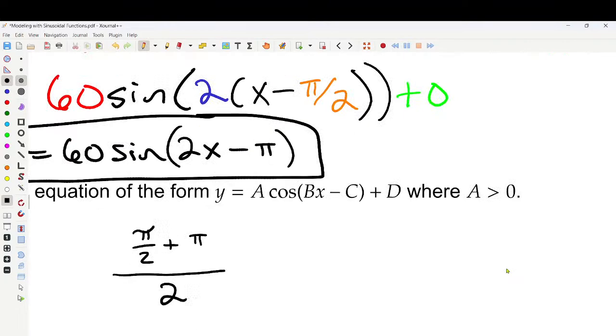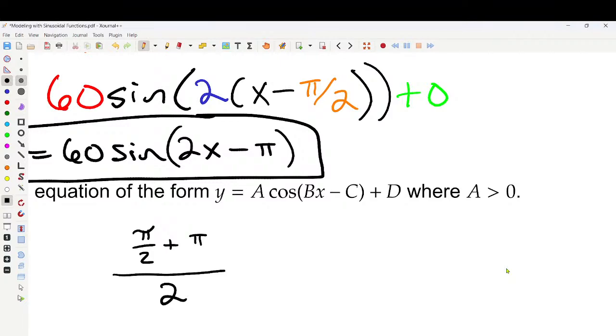And so if you need the middle of something, first of all, was there an obvious answer? That's why I said, what's in the middle of half and a whole? 3/4. So I know the answer is going to come out to be 3 pi over 4. But if you were like, I need a more concrete way, because what if they were ugly numbers? Then you just average the 2 numbers.